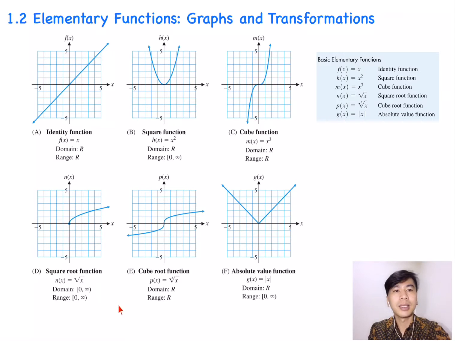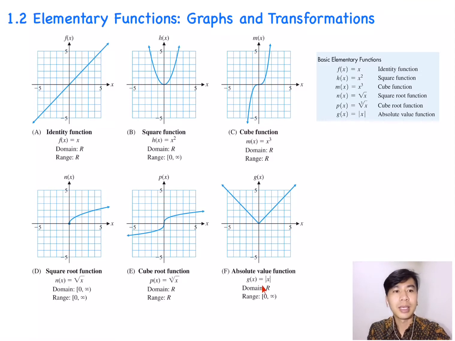And the cube root function, don't mistake it for the square root function. The domain can be real numbers. It means you can put in a negative and the range will also be negative. If you put in -1, then you'll also have -1 for the range.